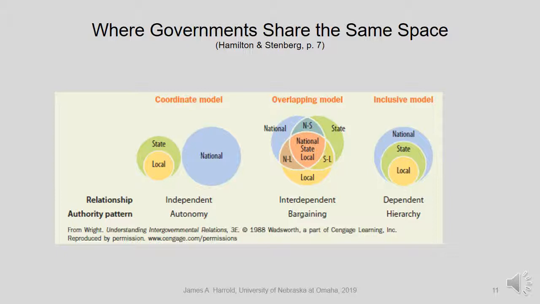We know it's not strictly just coordination. We know it's not strictly overlapping. All of these have things to like about them. I sort of think the overlapping model is closer to reality, but again, all of these models can be used to describe the relationship between levels of government in the United States.